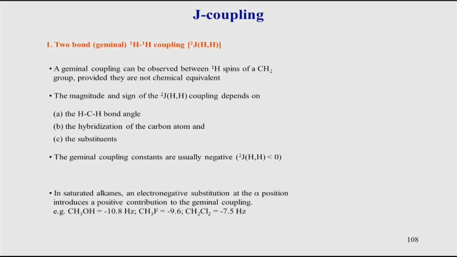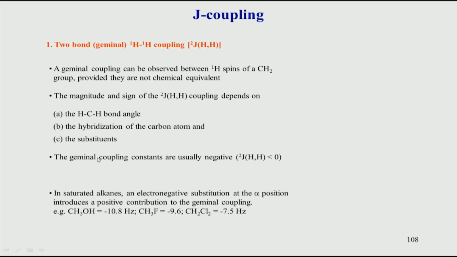That is why 2D NMR and other techniques are available to find out the sign, meaning whether it is negative or positive. From the splitting, the multiplet peaks we see because of coupling, you cannot figure out whether it is a negative or positive coupling.